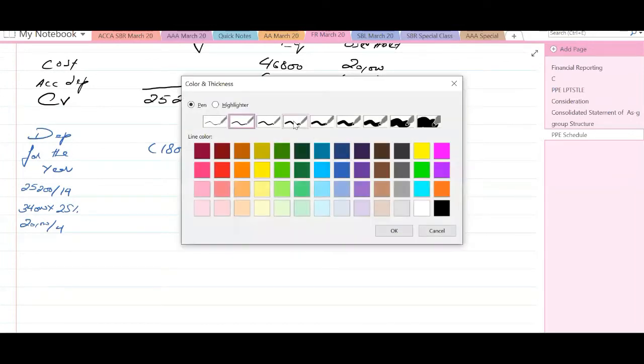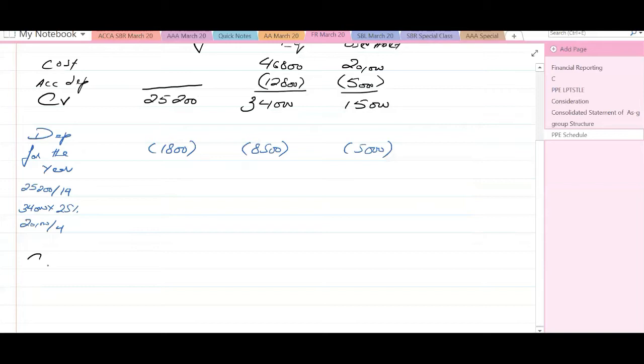So that means the carrying value we get at year end: 25,200 minus 1,800, 23,400, and then the other one, 34,000 minus 8,500, it gives you 25,500, and this gives you 10,000.